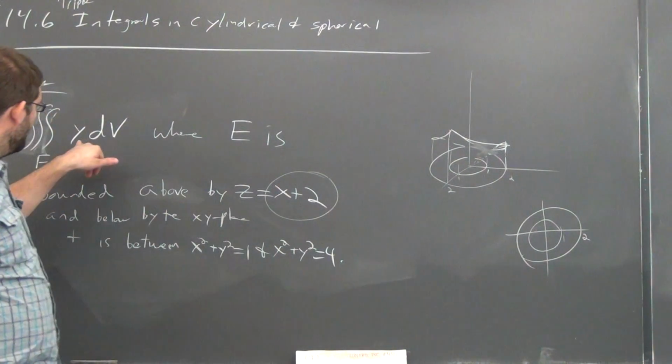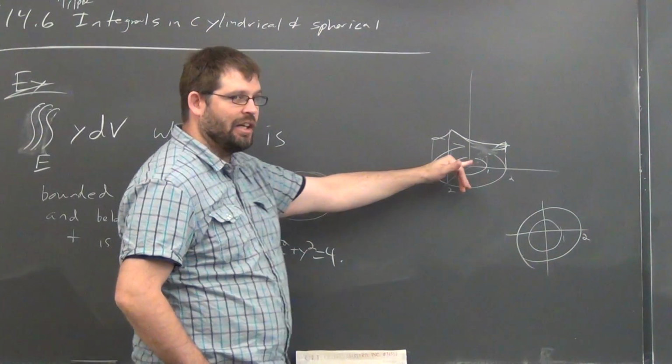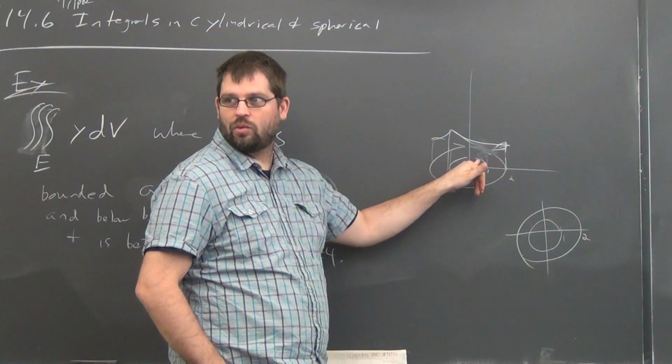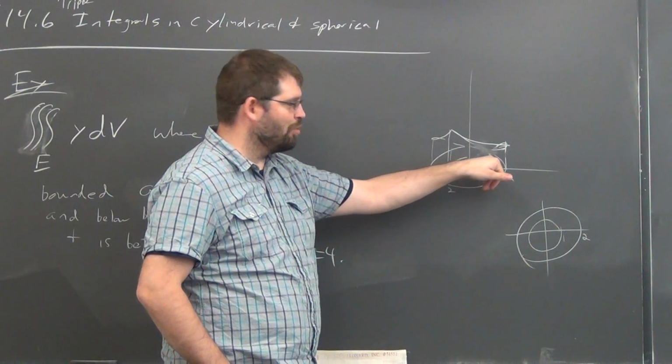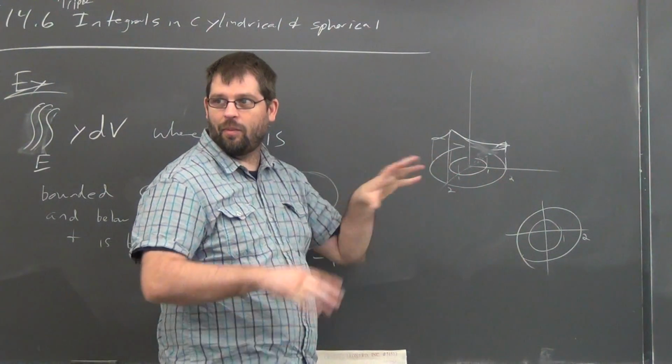So we're integrating the function y, right? And then look at this region, right? It's symmetric across y. So wherever you have positive y's over here, you have the corresponding negative y's over there matching up with it, right?